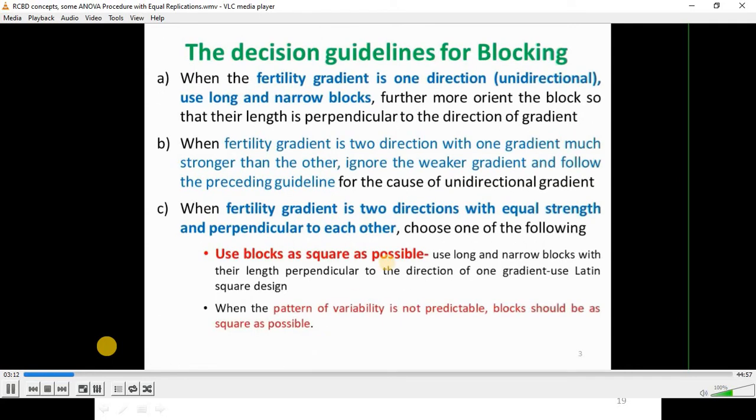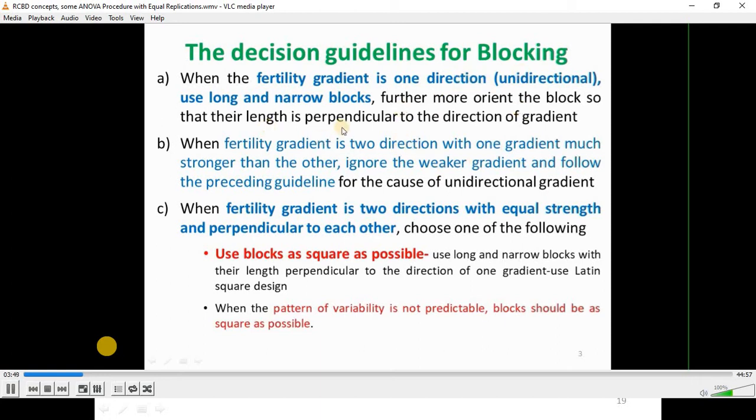Here are the guidelines for blocking. When the fertility gradient is in one direction, or unidirectional, it is better to use long and narrow blocks, and furthermore orient the blocks so that their length is perpendicular to the direction of the gradient. This says that if the fertility goes in one direction, blocking shall be perpendicular, laid out like this, vertically.